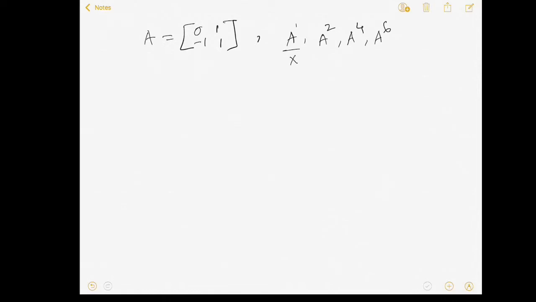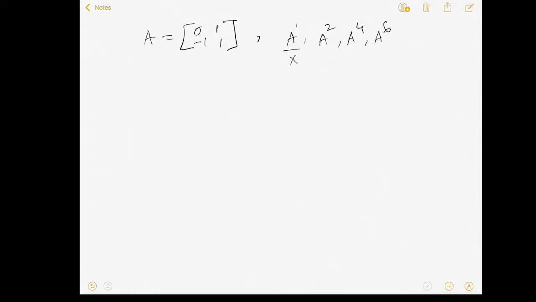Now I want to mention that people are uploading videos on YouTube solving this problem just by doing matrix multiplications, that is calculating the powers of A. But in the exam hall, it is highly possible that you will make some mistakes while doing all those matrix multiplications. Therefore, we will try to avoid the matrix multiplications and we will find some analytical approach to solve this problem, where you will be able to see that the chance of making mistakes is really less. You cannot make any mistake here.